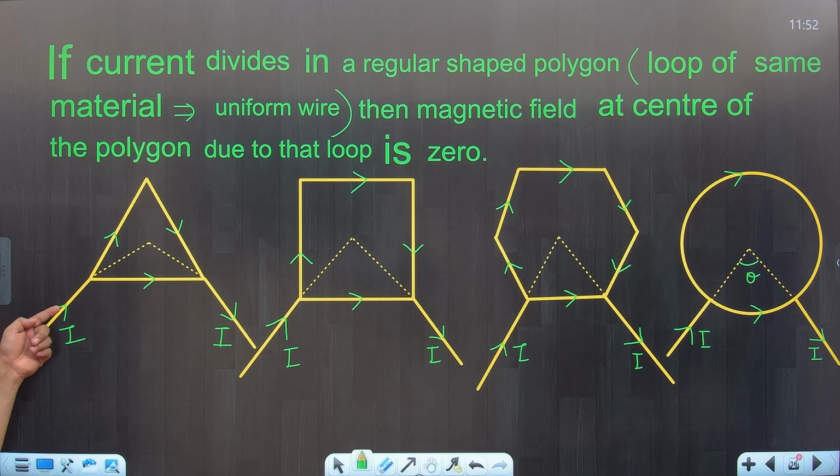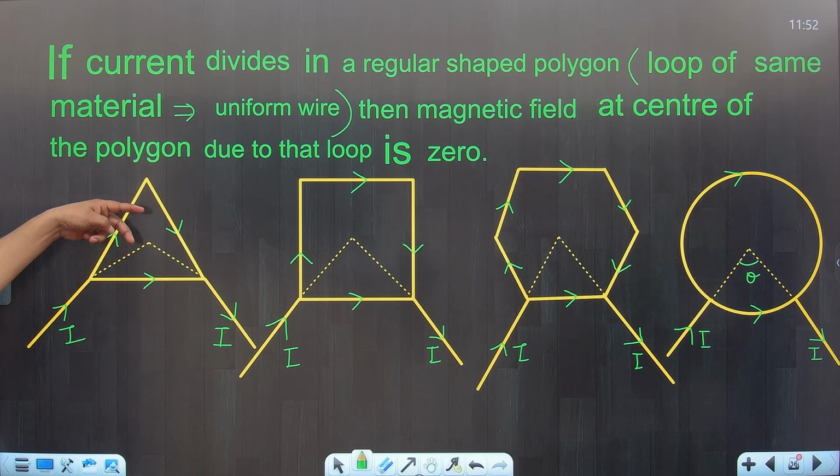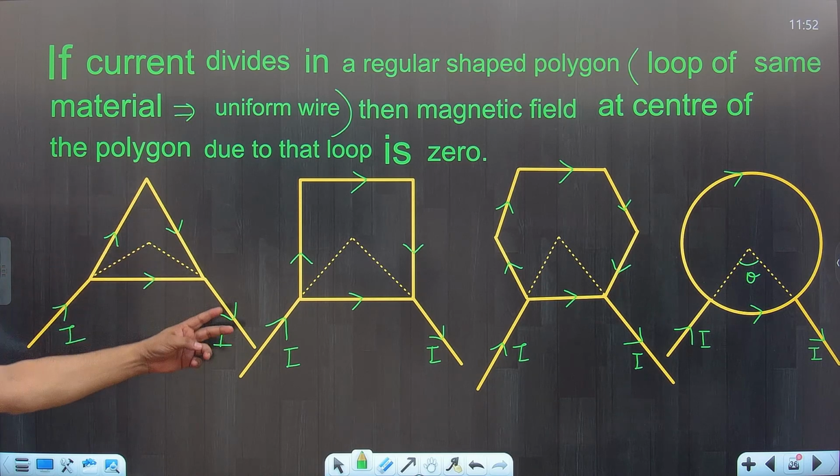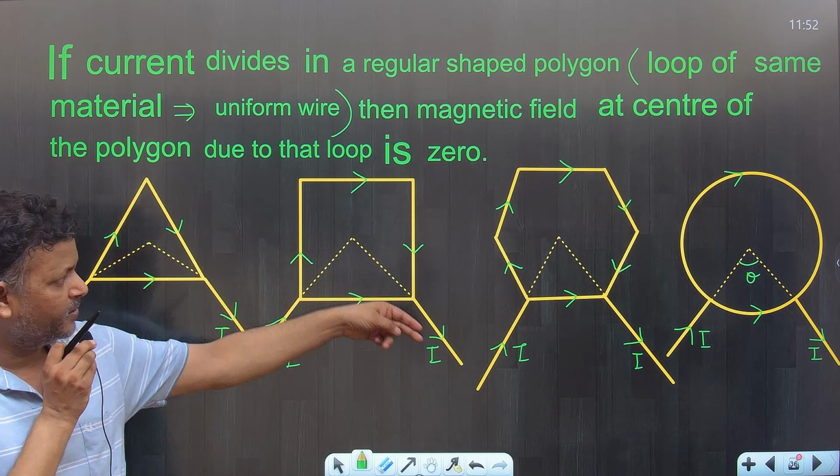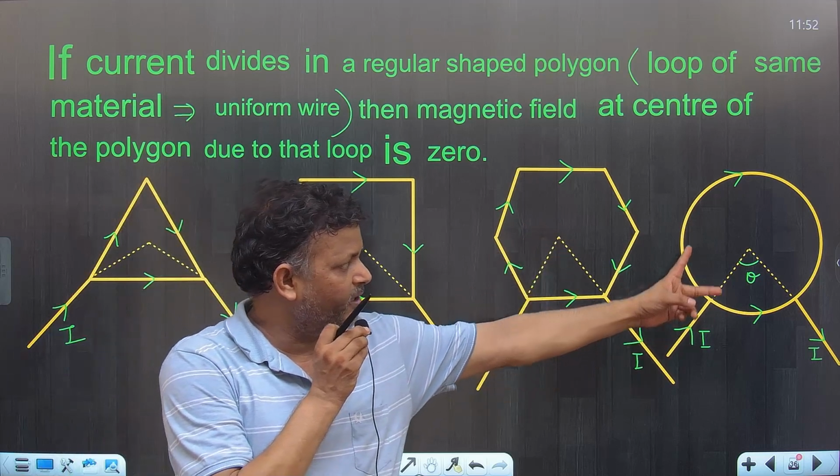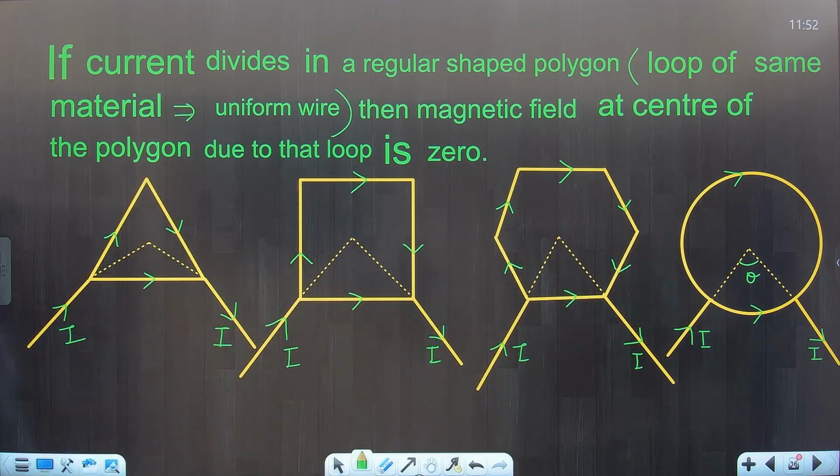Current is coming from here, and it is just dividing into two parts, then coming together here again. In all cases, the magnetic field due to the loop is 0 at the center of the polygon.